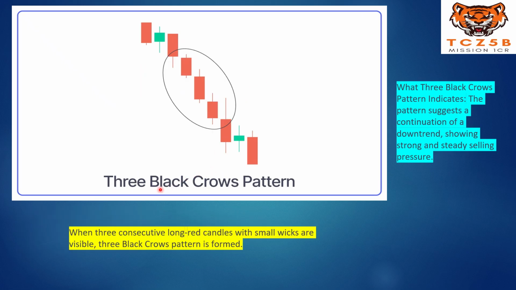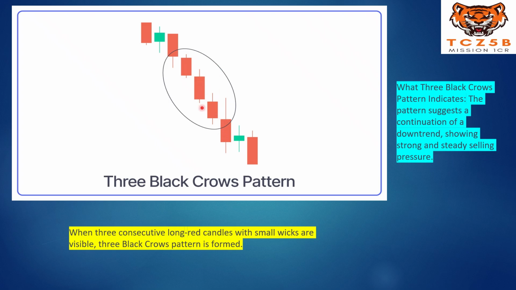Let's go to the three black crows pattern. When there are three consecutive long red candles, you can see here one, two, three. In an earlier video, we have seen three white soldiers. That is a bullish pattern. You can see it in my previous video. Here it is the same kind of pattern, but it is bearish.